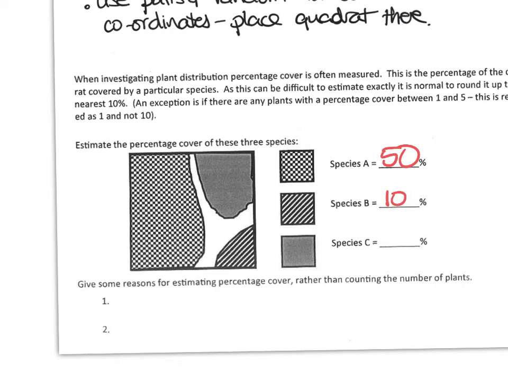About 10%. Species C? 26. 22. I haven't drawn my lines too well. 29. 20. I'm going for 25%.